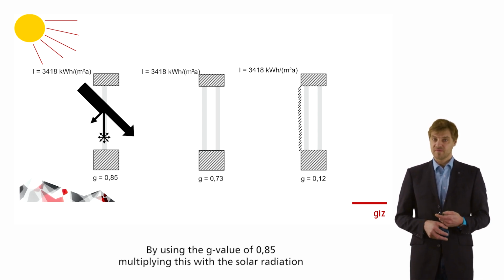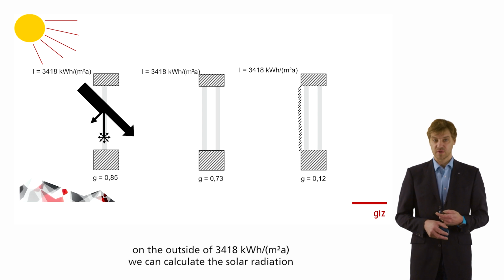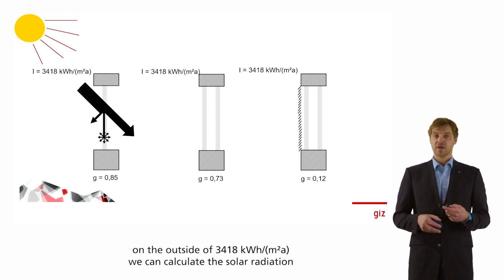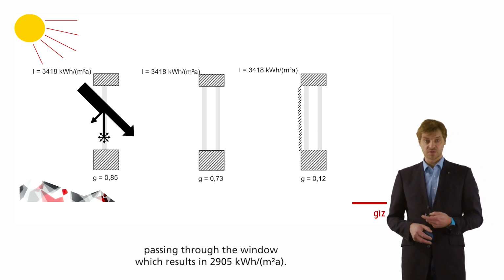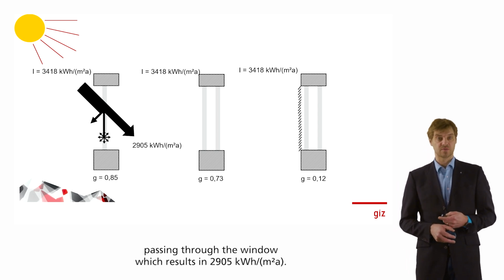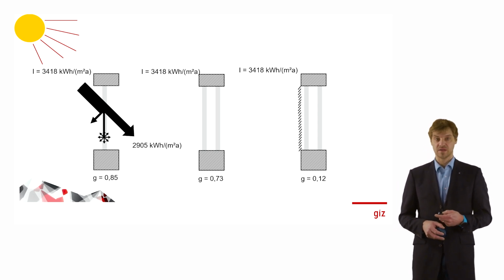By using the G value of 0.85, multiplying this with the solar radiation on the outside of 3,418 kWh per square meter and year, we can calculate the solar radiation passing through the windows, which results in 2,905 kWh per square meter and year.